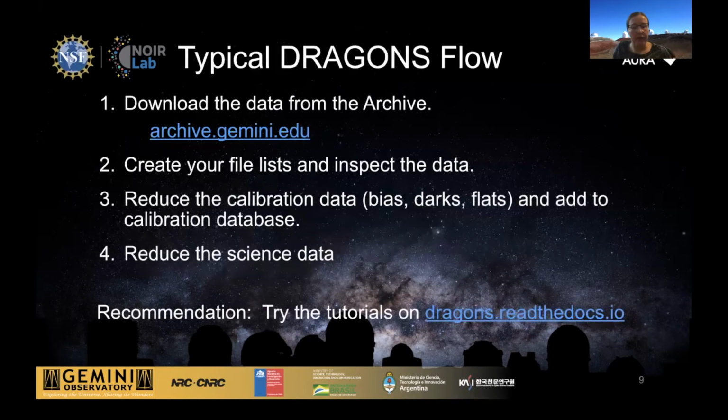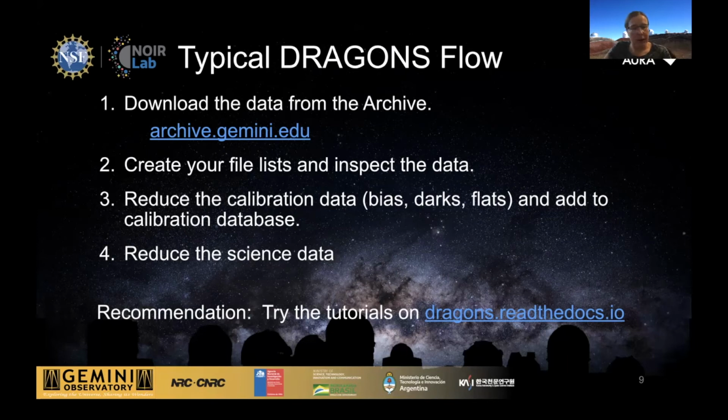So typical data flow. I summarize it as 4 steps. We'll go through that in more detail, but just the overview is first you need to download your data. So you download the data from archive.gemini.edu. This is where you're going to get all your data and your calibrations. Everything is raw data. And then from that data, you create your file lists, and I strongly recommend that you inspect the data.